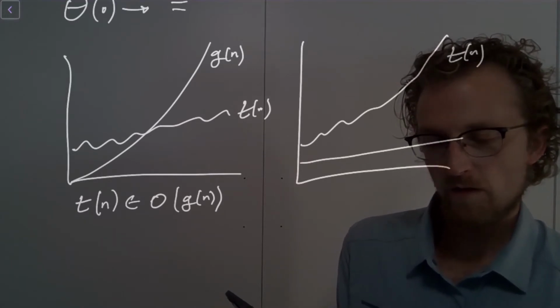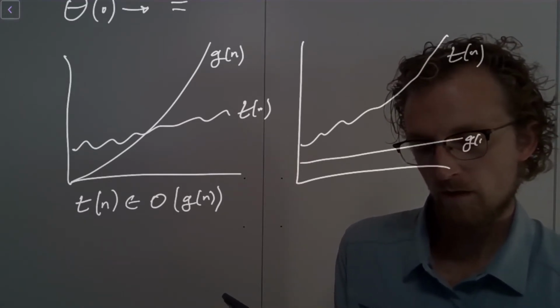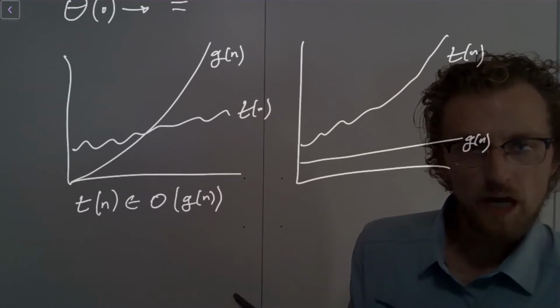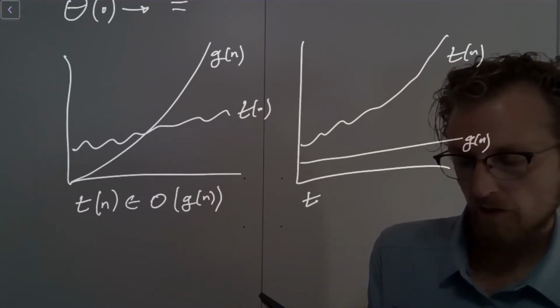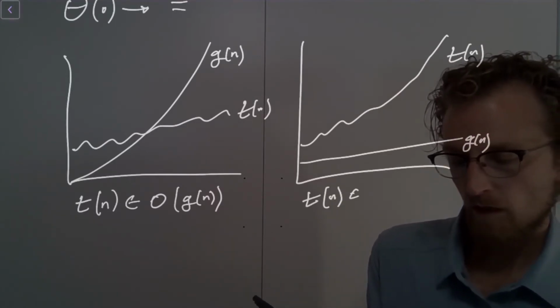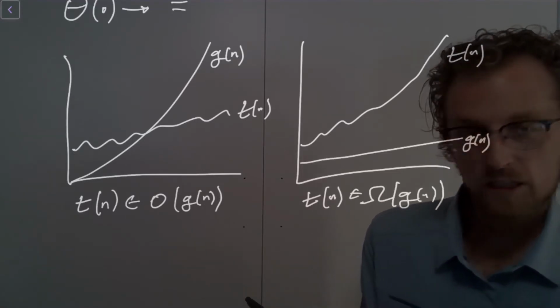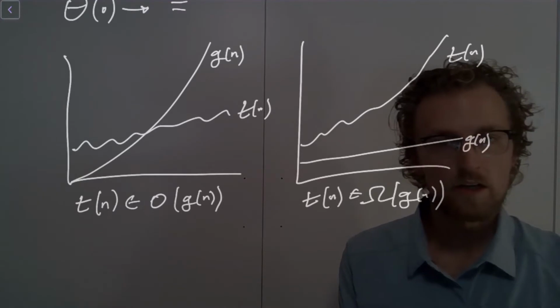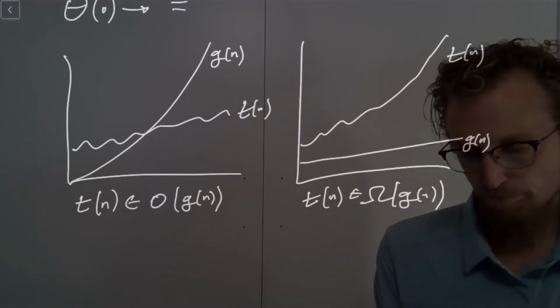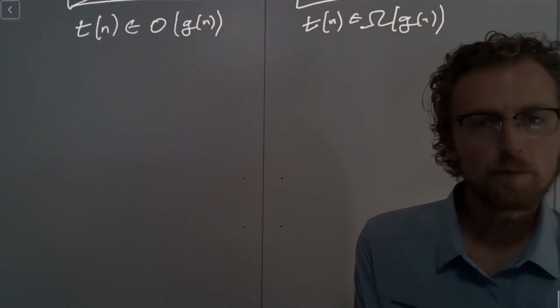And here's my g of n, my reference. Here I would say t of n is big omega of g of n, because if you zoom out far enough, t of n is always going to be larger than g of n.